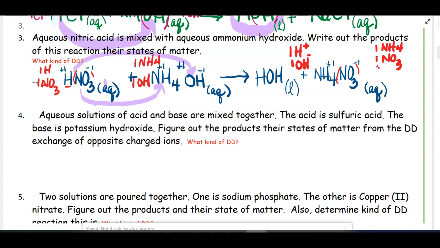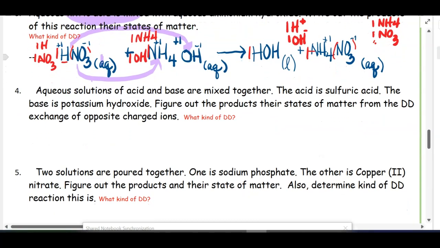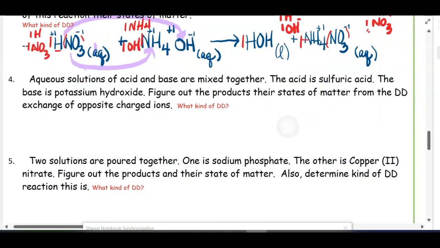All right, so this is balanced, and it means the coefficient is just 1, right? 1. 1. And if the coefficient is 1, we don't have to write it. All right. Now, the next one is an acid you're less familiar with because it is sulfuric. It's like hydrogen sulfate.